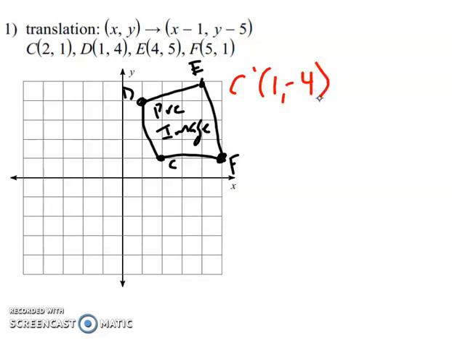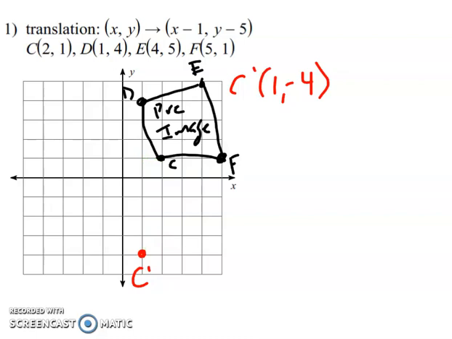So I'm going to graph 1 comma negative 4. 1, 2, 3, and 4. Now let's just double check and make sure that this occurred properly. Well, I went 1 unit left, and I went 5 down. 1, 2, 3, 4, and 5. So far, it's looking pretty good.